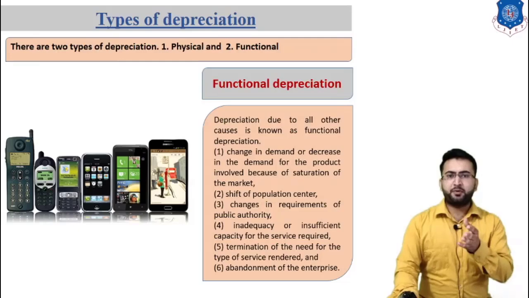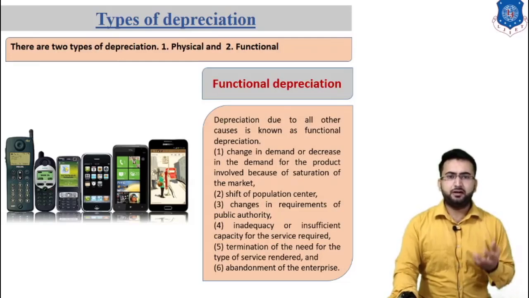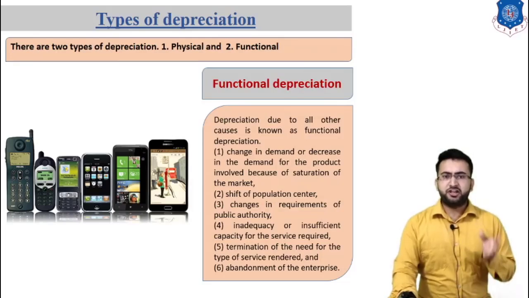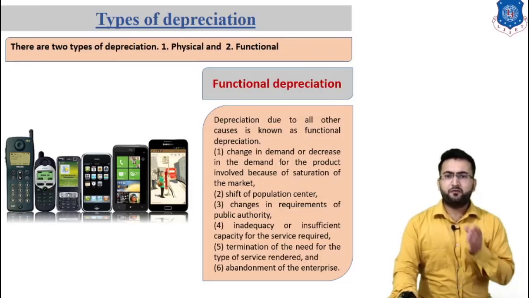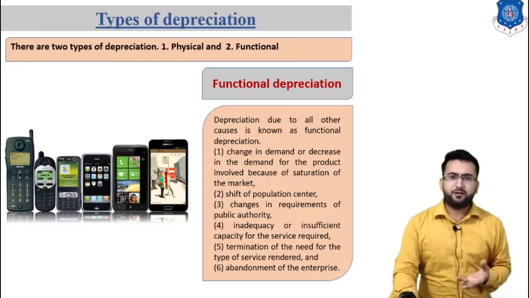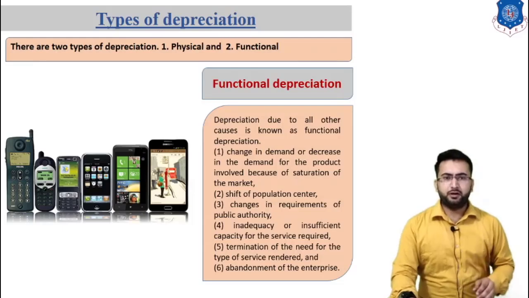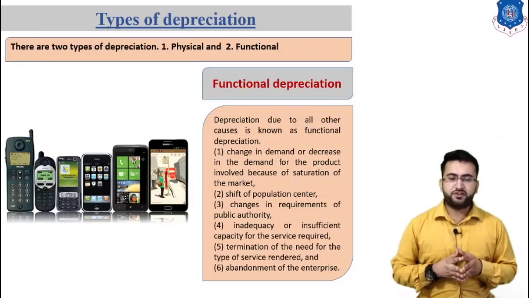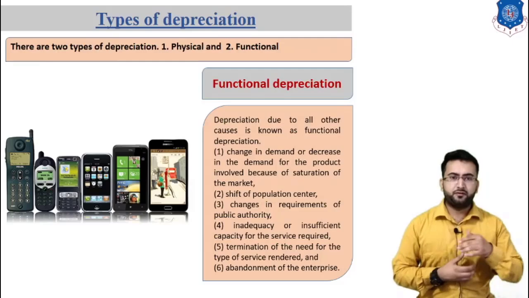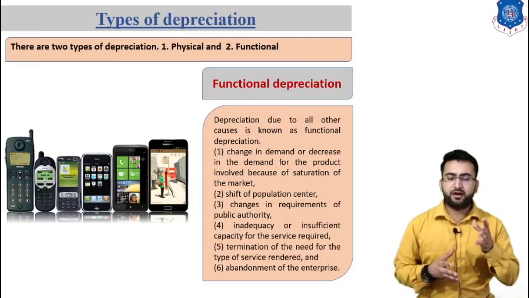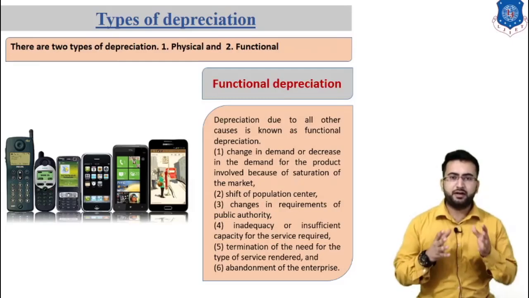That's why this type of depreciation is known as functional depreciation, or we can say that due to the advancement of technology or change or decrease in demand for that product, the price of the landline telephone decreases, and that type of depreciation is known as functional depreciation. So this is all about functional depreciation. Depreciation means decrease in product price with change in time, and that measurement of change in price is known as depreciation.